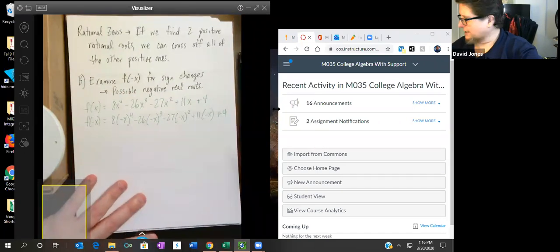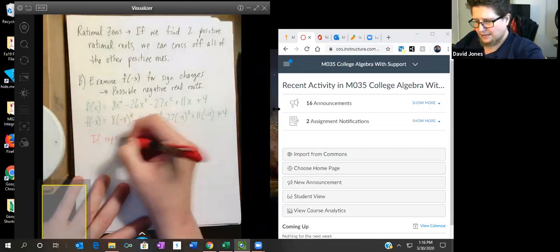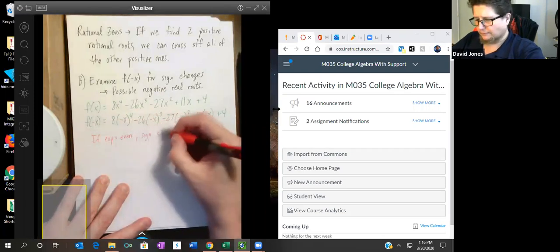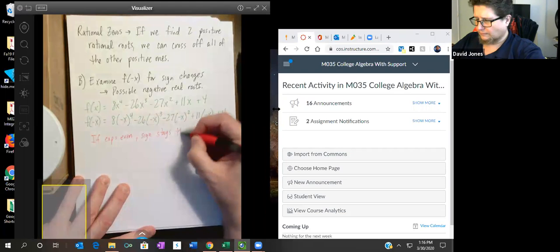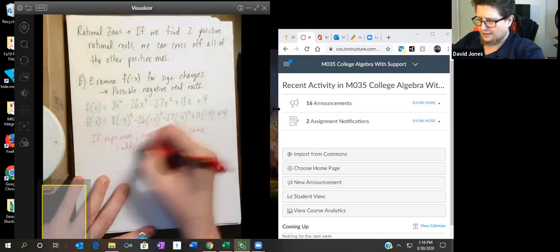Now, there's a shortcut to doing this. If the exponent is even, sign stays the same. And if it's odd, sign changes.